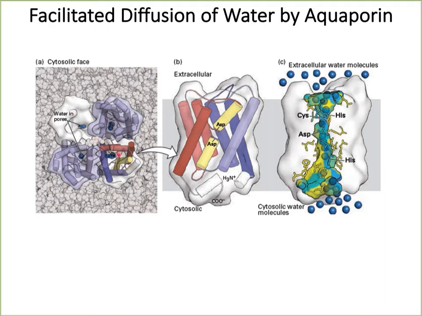The one shown in the picture is a tetrameric protein having 4 identical subunits, and each of them has a hydrophilic water channel in the center, with the water shown as the blue dots. The outside contains hydrophobic amino acids to interact with the phospholipid bilayer.